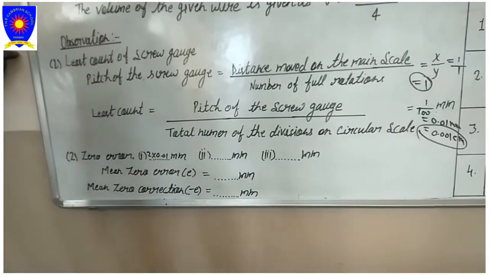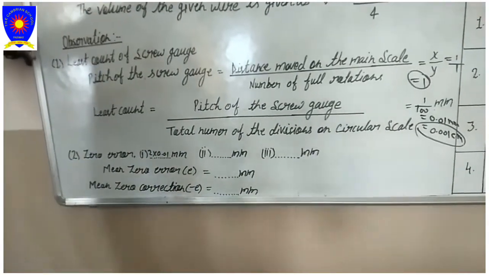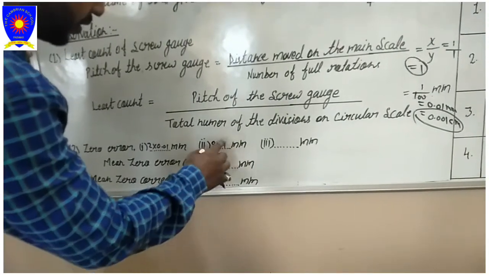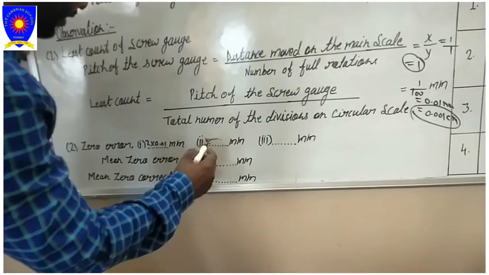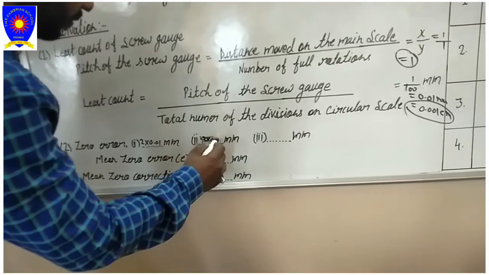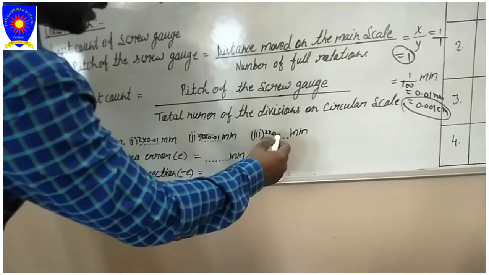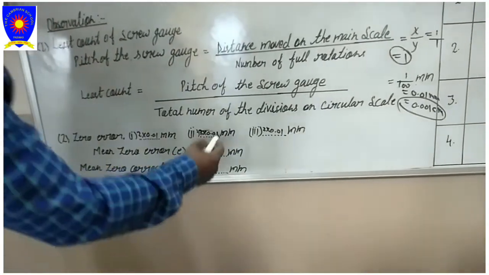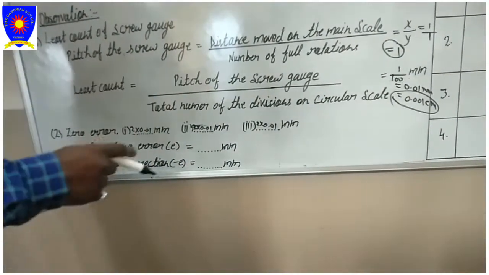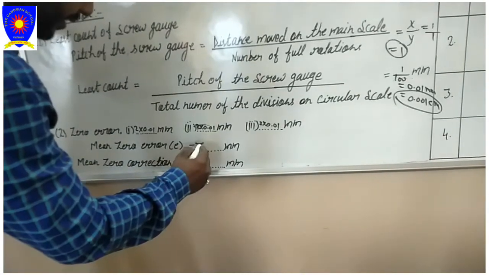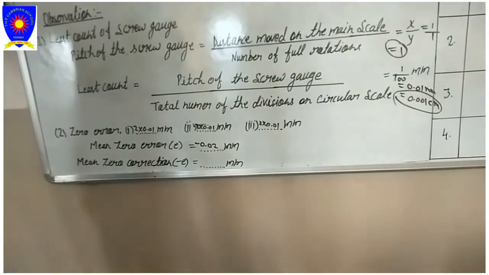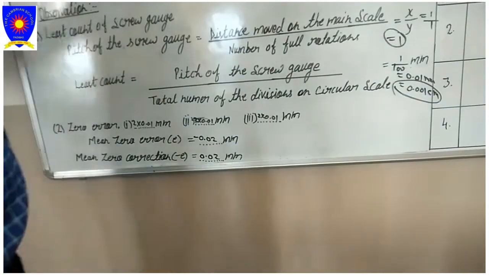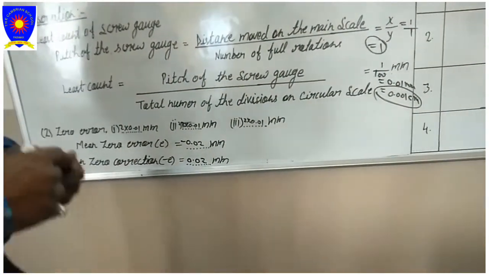So the mean zero error will be minus 0.02 mm, because there is a negative error. Its zero correction will be plus 0.02. So this is the error in the given screw gauge.